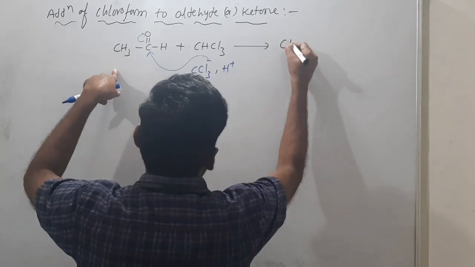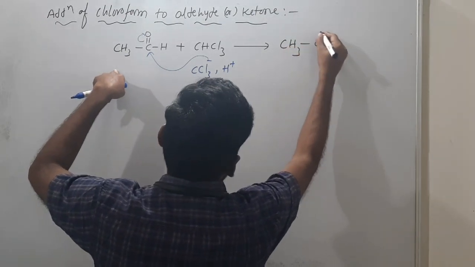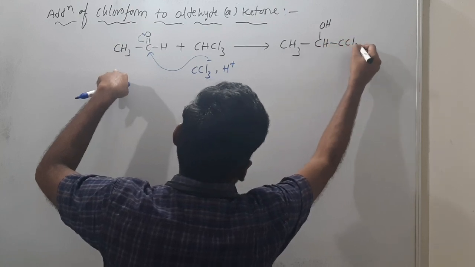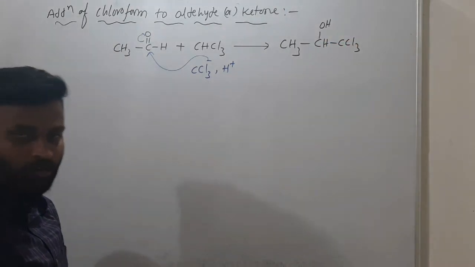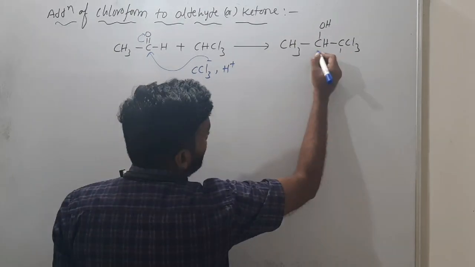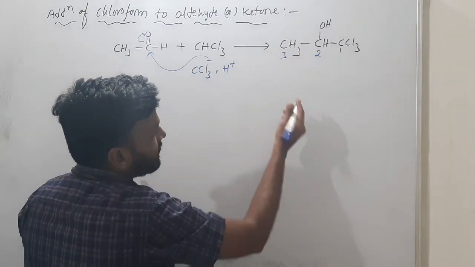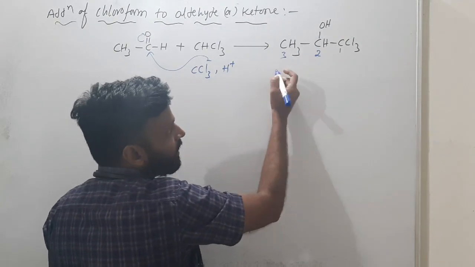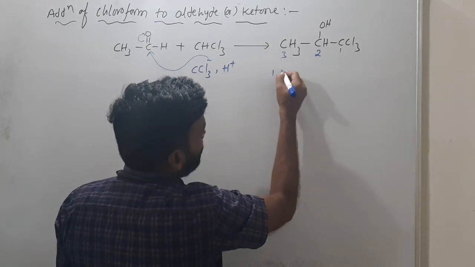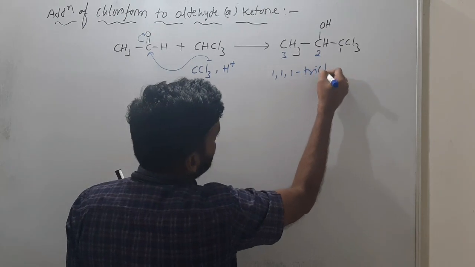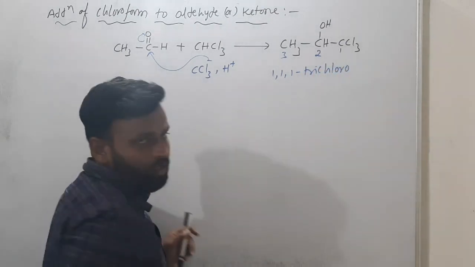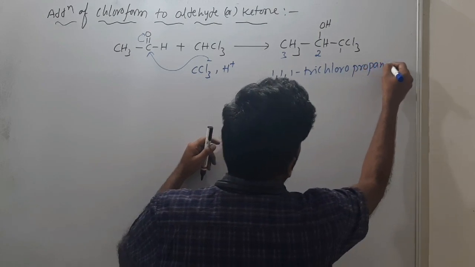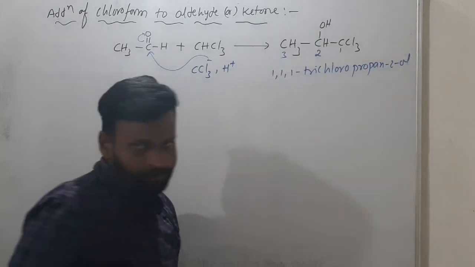The compound is CH3, C, OH, and CCl3. You can give the IUPAC name like that, numbering 1, 2, 3. It is like an alcohol now: 1,1,1-trichloropropan-2-ol.